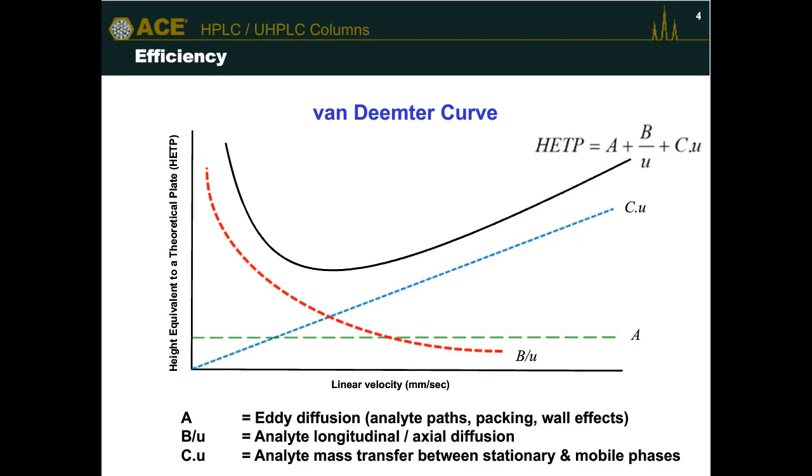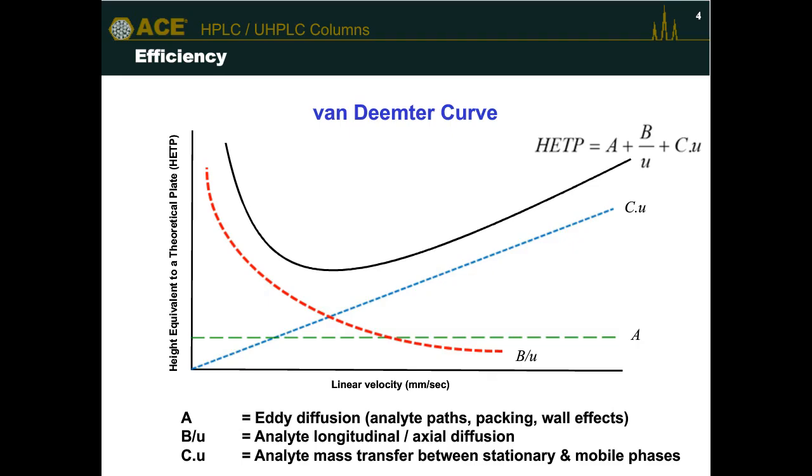And one of the big things about these solid core particles is the shape of this curve, and the positioning of the curve is different compared to its fully porous counterpart. And it's lower in a lot of cases, which means we get higher efficiencies, and the C term looks to be flatter.